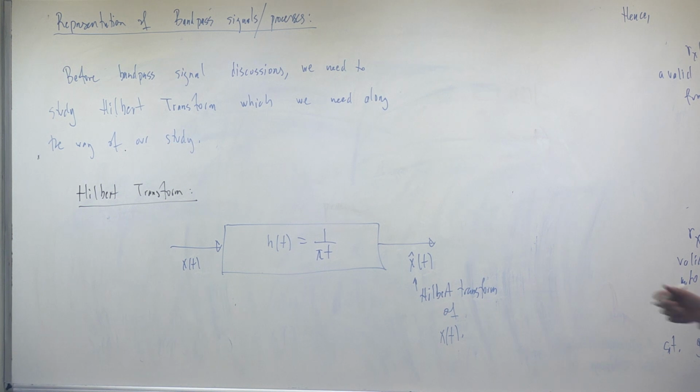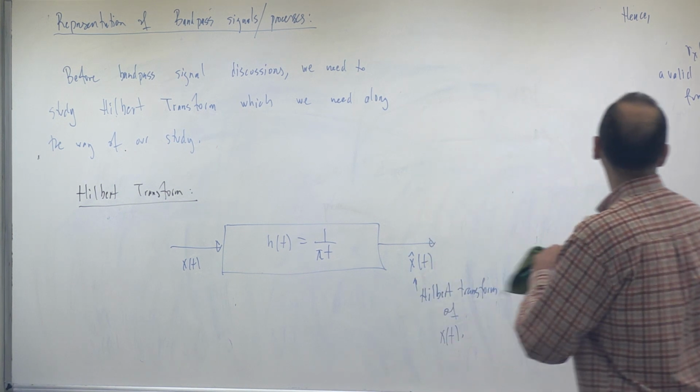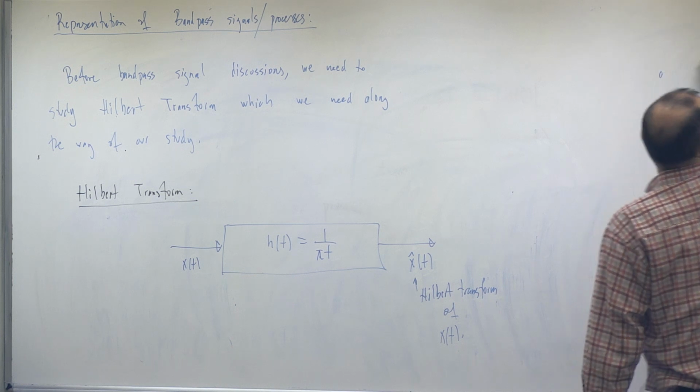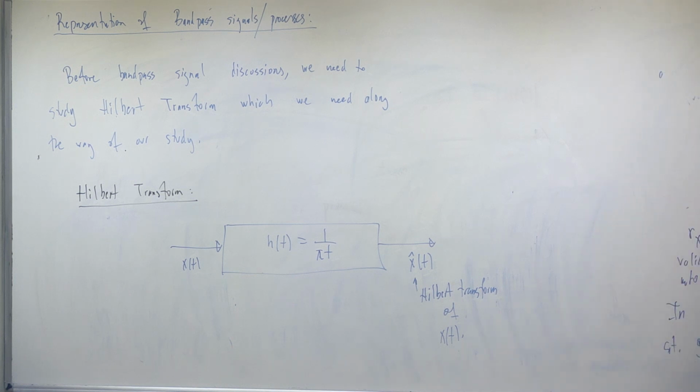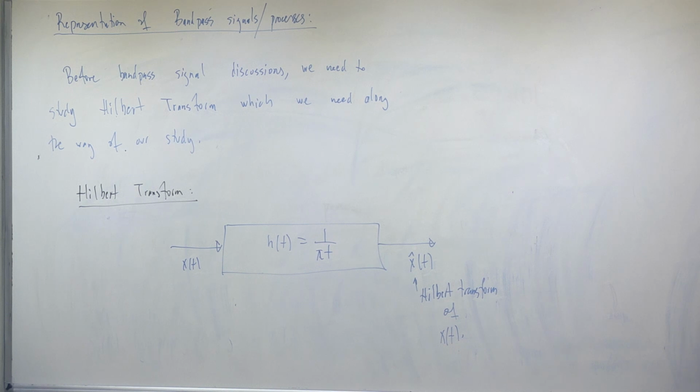Now you may wonder what kind of transformation this is. This is nothing but a simple filter. Indeed, you are correct. This is nothing but a simple filtering operation. But why is this important? You will see immediately, because it's a rather unique kind of filter.